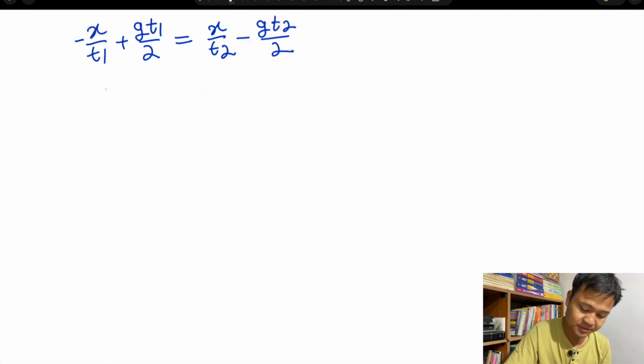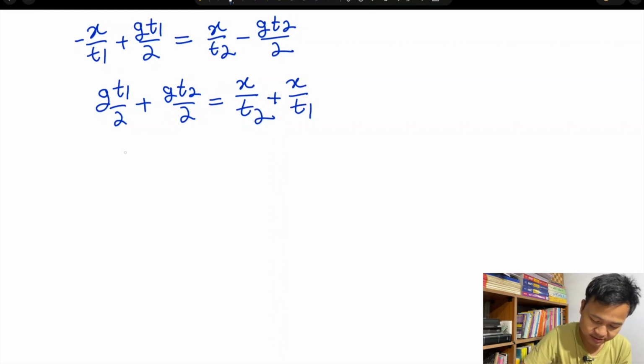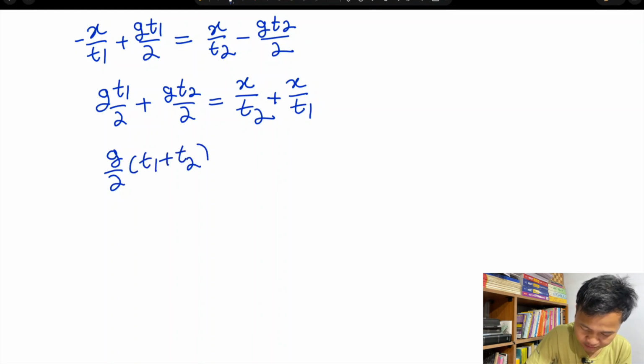What will you get? g into t1 by 2 plus g into t2 by 2 equals x by t2 plus x by t1. Now g by 2 into t1 plus t2 equals x into 1 by t2 plus 1 by t1.